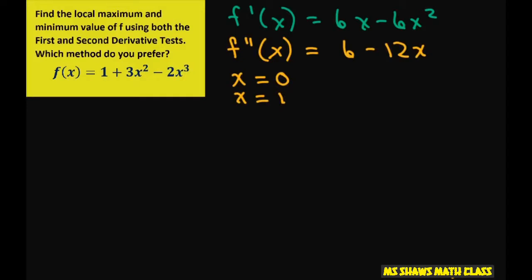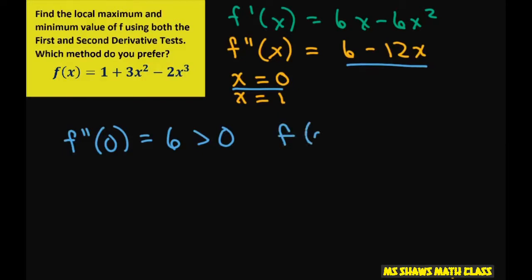So when you plug in 0, we want f double prime of 0. You plug in 0 into this, and when you plug that in, you get 6, which is greater than 0. So since it's greater than 0, we have f of 0, which we already know equals 1, is going to be a local minimum.